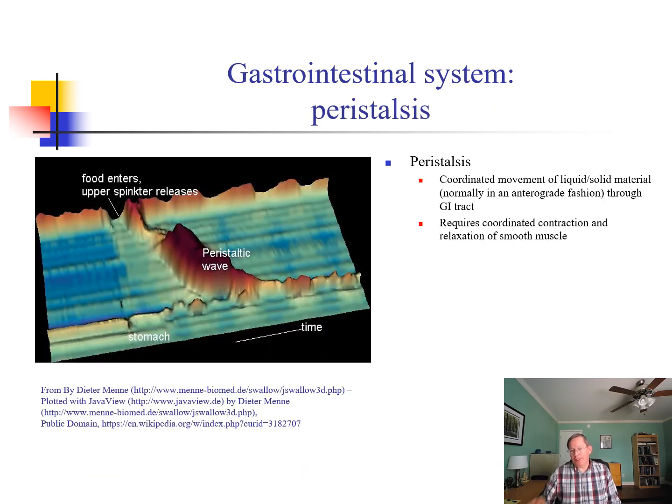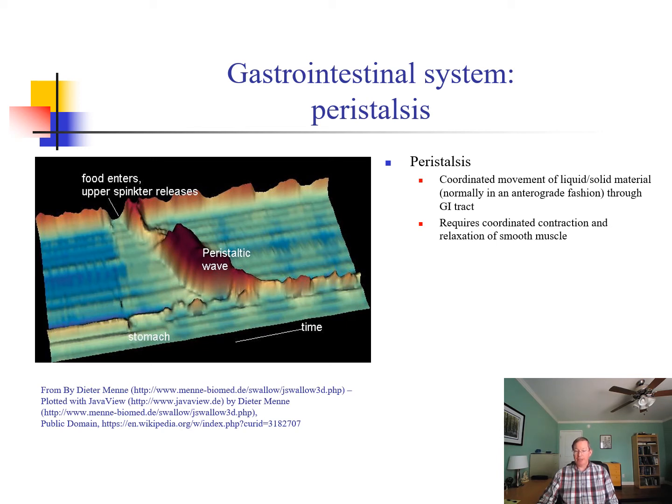And if I look at this movement of the muscle, peristalsis, this is very, very coordinated. This is a plot that is looking at movement of a bolus of food through the esophagus. If I look along the y-axis, that's going down the esophagus, and then across the x-axis is time. And the amplitude of this three-dimensional plot is looking at the amplitude of the pressure wave, this peristaltic wave.